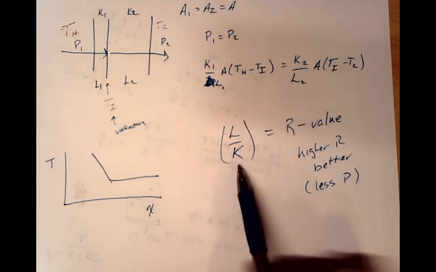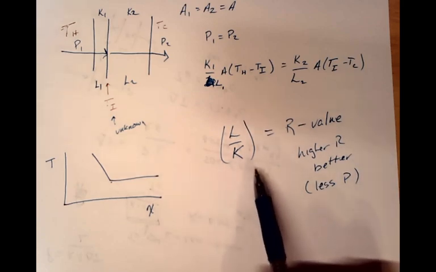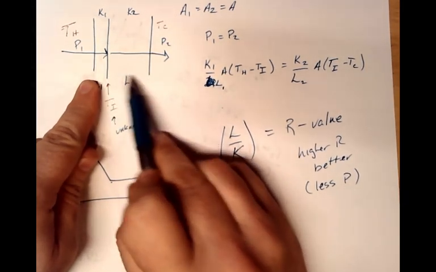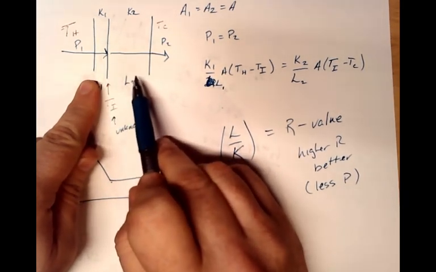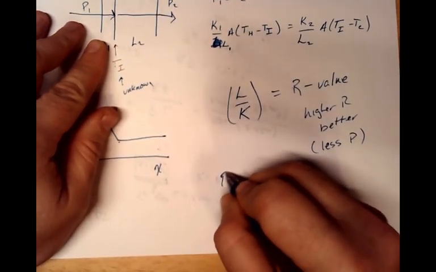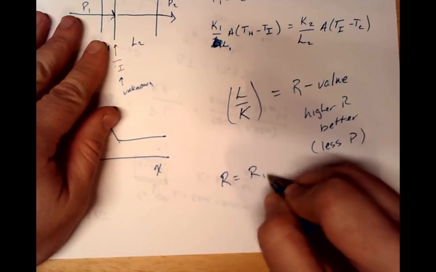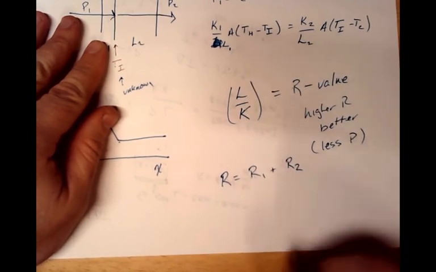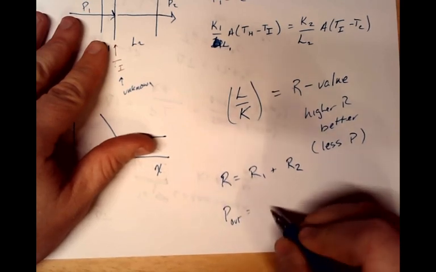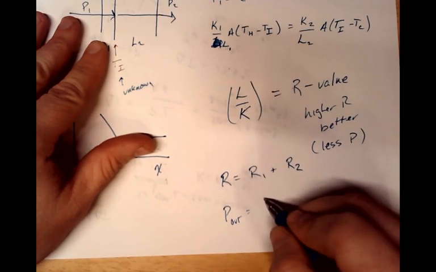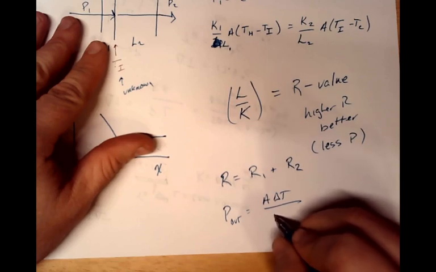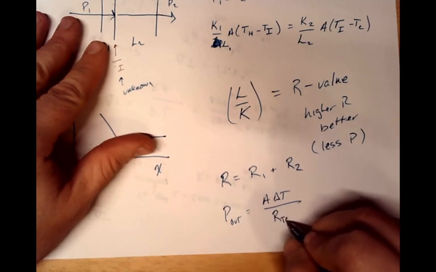So the other nice thing is that if you write it like this, and then you try to treat this thing as one single layer of one material, you can write your R value is R1 plus R2. Or your power out is A delta T over your total R value.